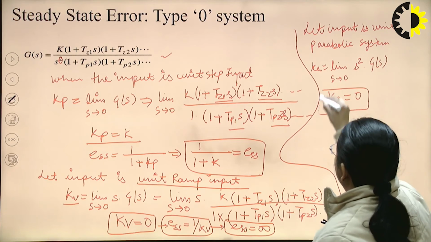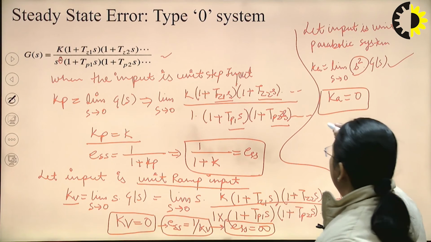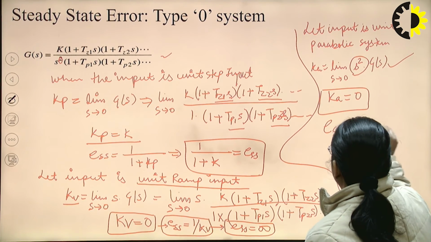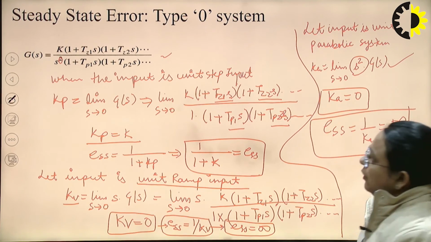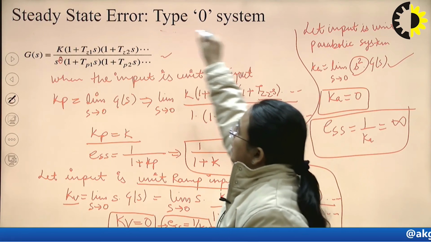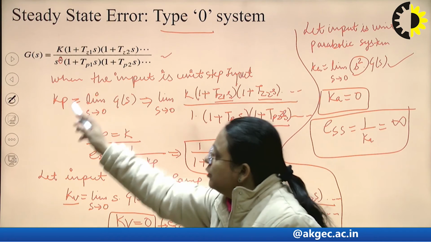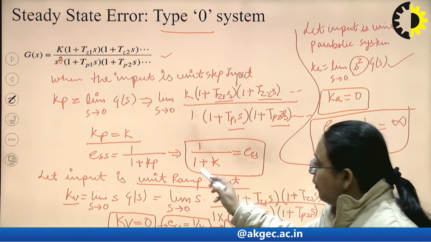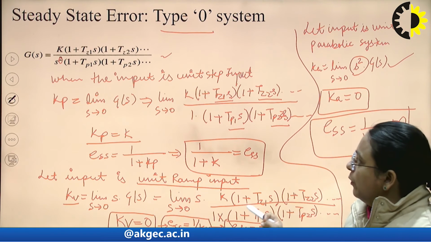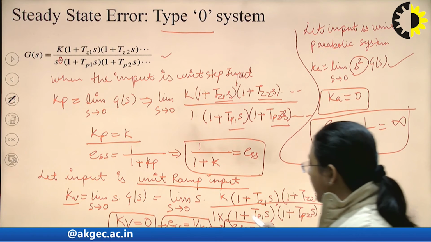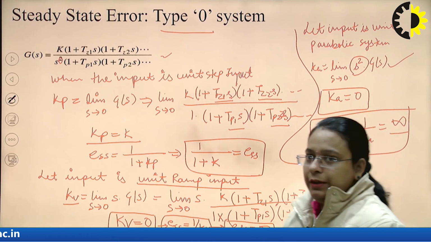Ka will become 0 for this case, right? So again, the steady state error for this case will become infinite. So for type 0 system, the steady state error for positional error coefficient will be 1 upon 1 plus K, and for unit ramp input, for velocity error constant it will be infinite, and for acceleration error constant also it will become infinite. Okay.